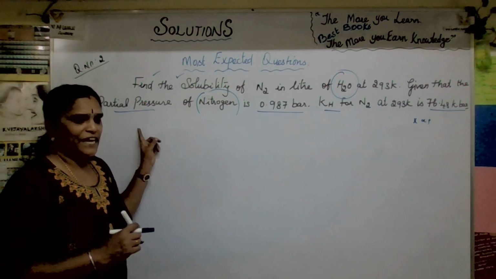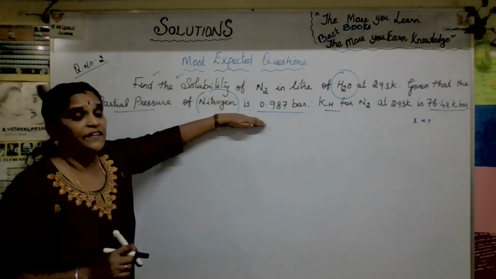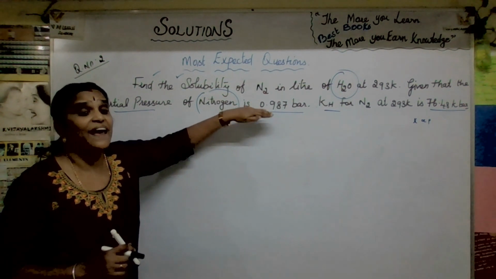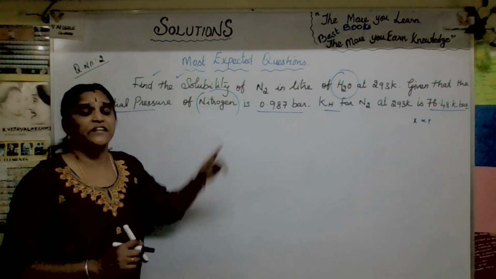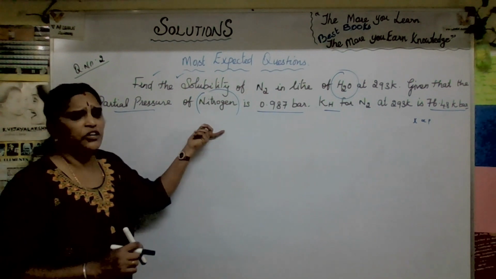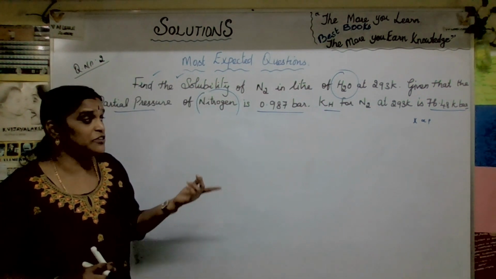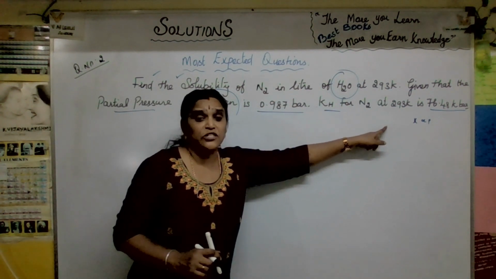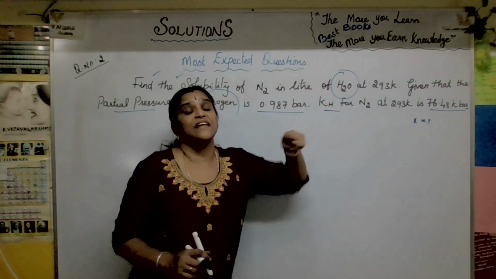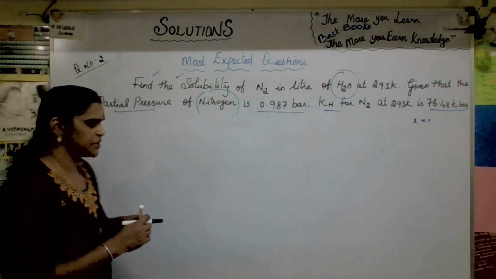As you see the question, you can make out it is related to Henry's law. How? They have mentioned the partial pressure of nitrogen and the KH value. What does Henry's law say? The mole fraction of a gas in a liquid is directly proportional to the partial pressure of the gas above the solution.